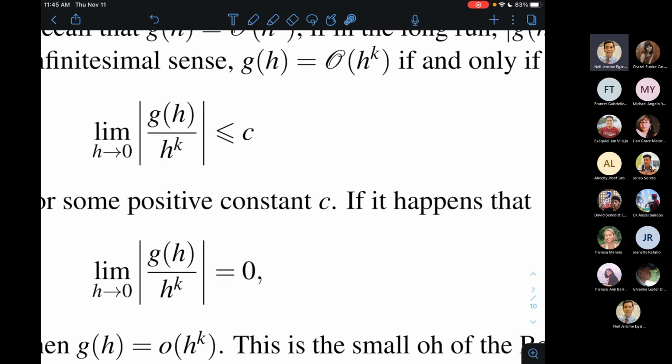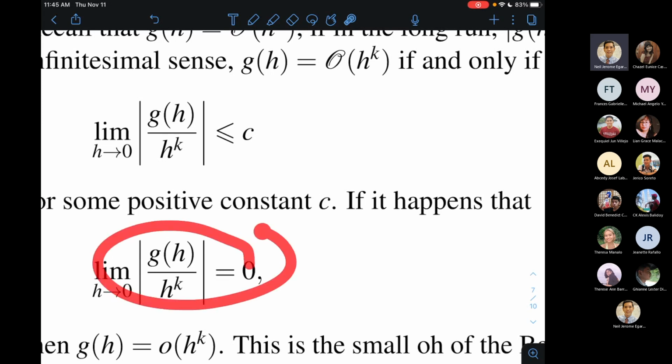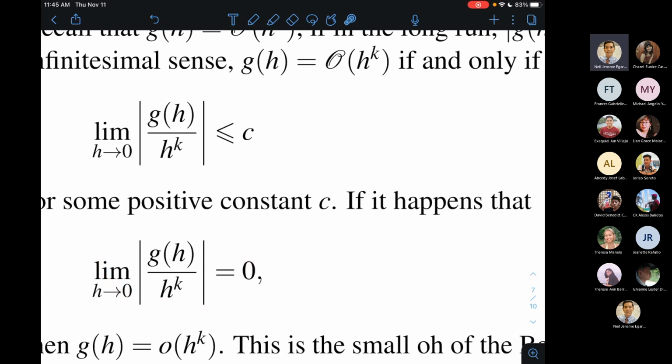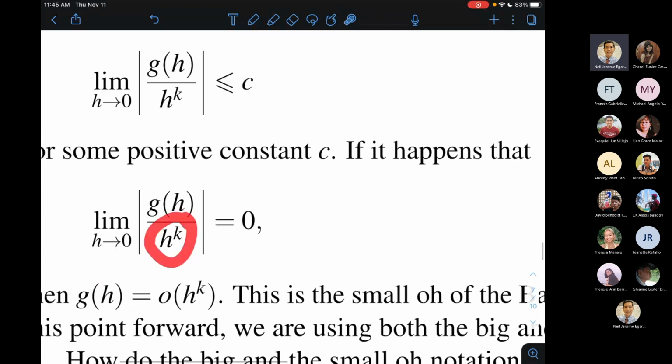Okay, wala talagang volunteer. So the reason, or the interpretation of this statement, is that mas mabilis lumiliit or lumalaki yung h to the k. All right? So that means h to the k becomes larger than g of h at a faster rate.